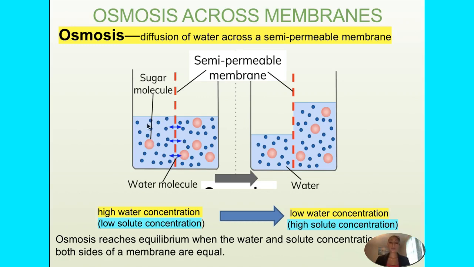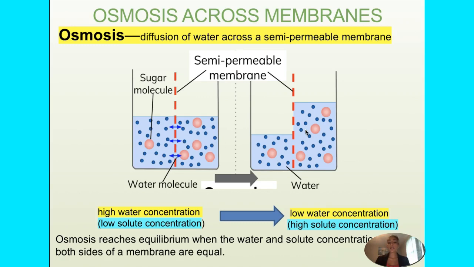So water is going to move from the higher water concentration or the low solute concentration, and water is going to move to the opposite side, which is towards the low water concentration or higher solute concentration. However you want to look at it, it's exactly the same thing, just different situations. So now water is going to go from this side, high water concentration, to over here on this side, the high solute concentration.